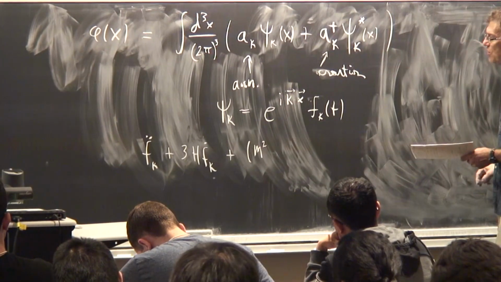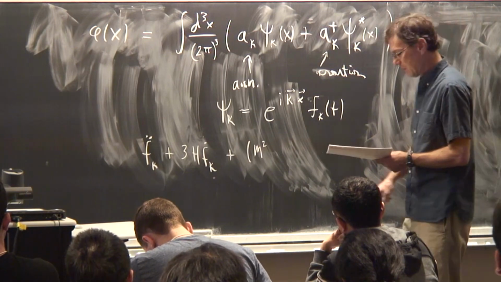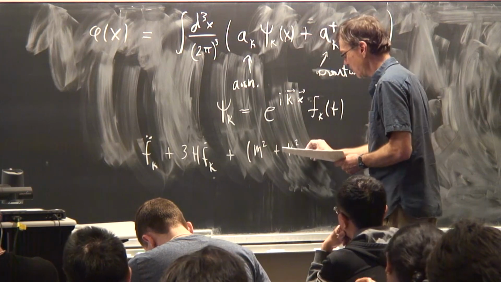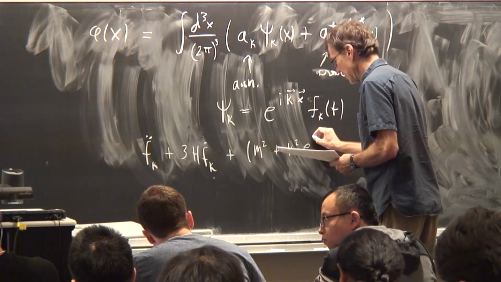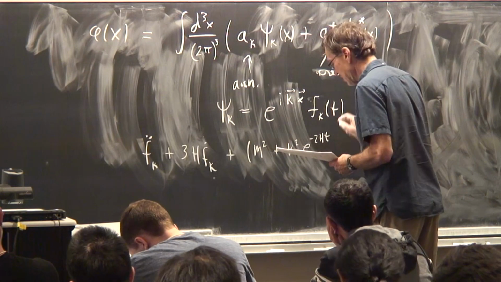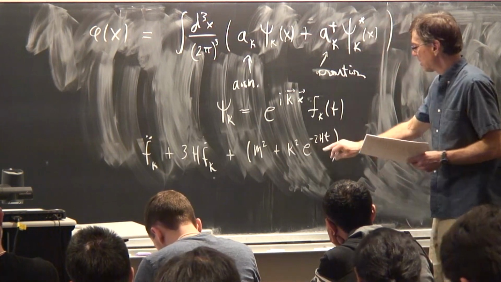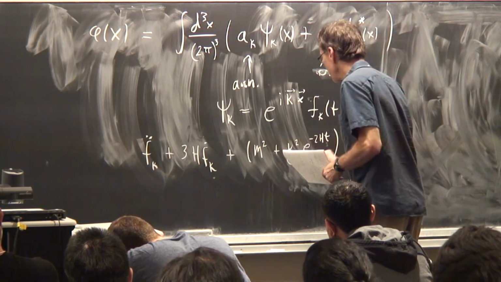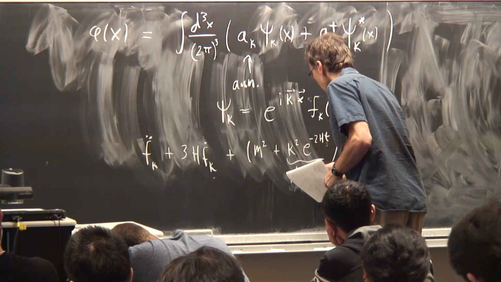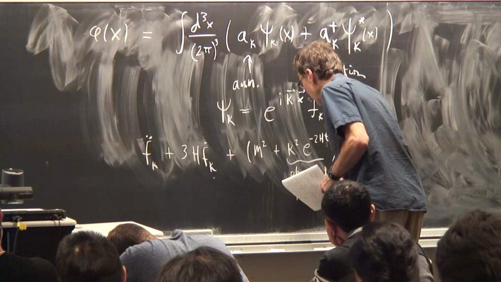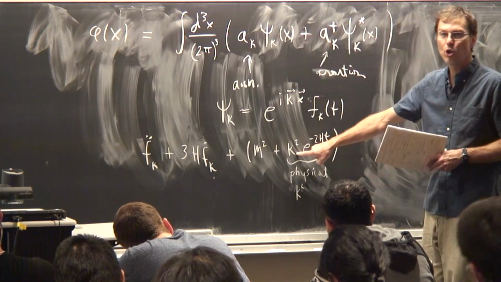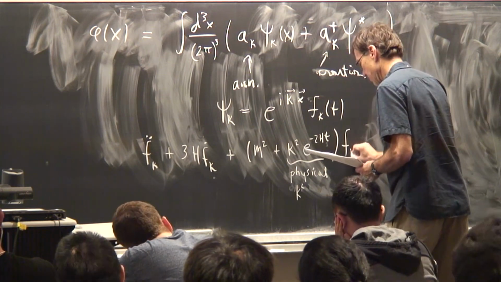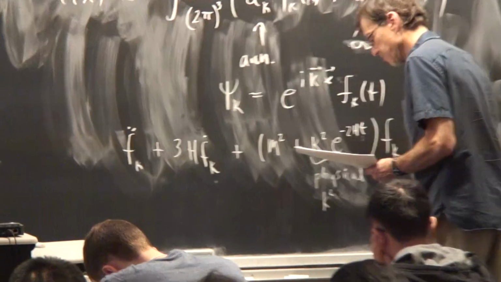It's a massive free scalar field, so its potential is just a mass. And then the contribution from the gradient term is k squared, but it gets multiplied by e to the minus 2Ht. That's k over a squared, the physical k squared, whereas this k is the comoving k, times f_k equals 0.